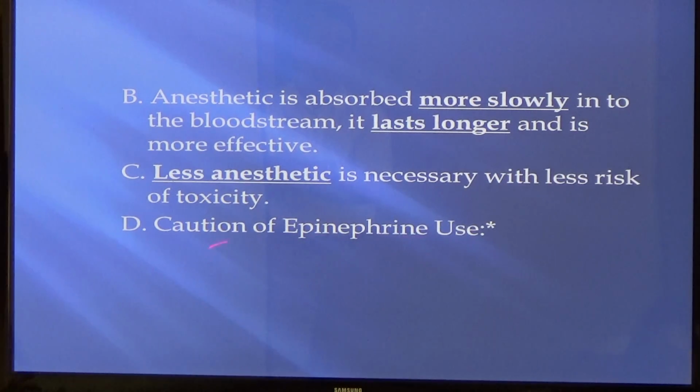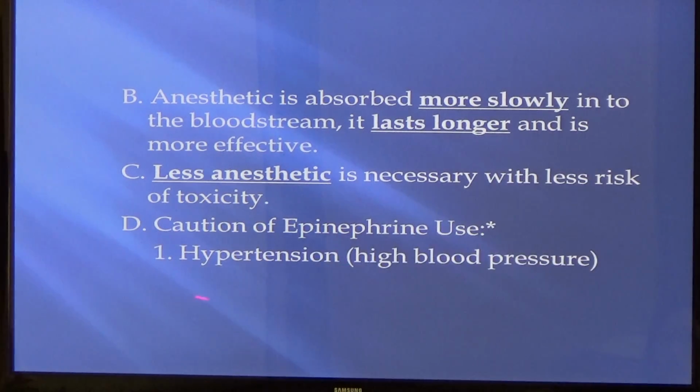Again, this is what you have to pay attention to, because it is epinephrine. Epinephrine is basically adrenaline. Adrenaline is what causes your heart to race, kind of when you get scared and your heart starts pumping really quick, because your brain just released a whole bunch of adrenaline to tell you to run because there's a dog chasing you.